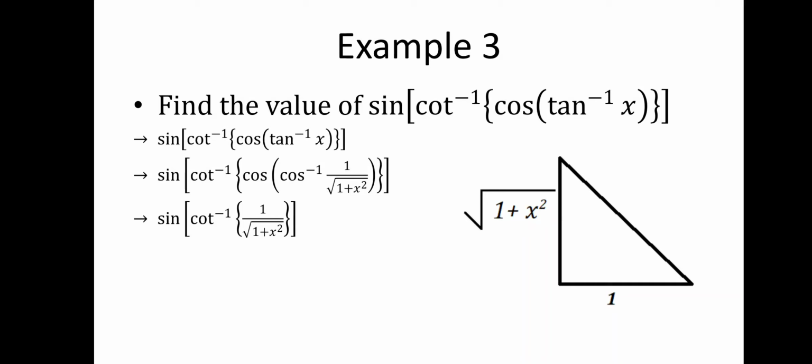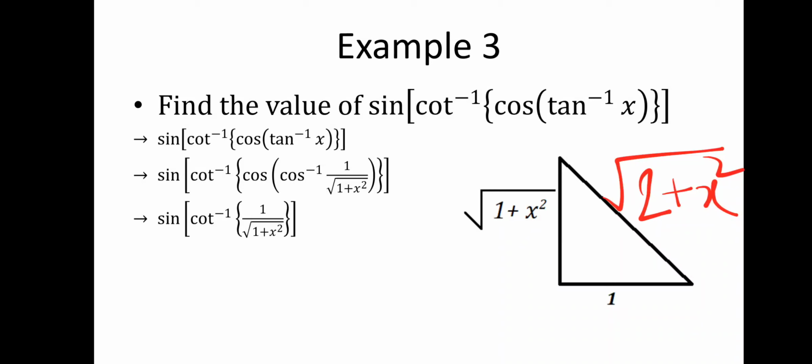So in such a case, what will be the hypotenuse? Do your calculation and see. The hypotenuse is going to be root over of 2 plus x square, because root over of 1 plus x square whole square is 1 plus x square, and 1 square is 1. If you add them, it becomes 2 plus x square, under root. So this is your hypotenuse. So what do I need?